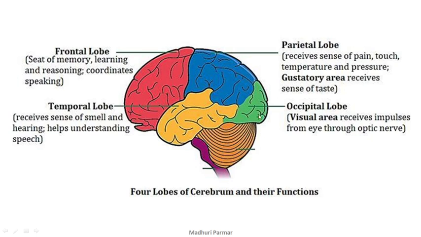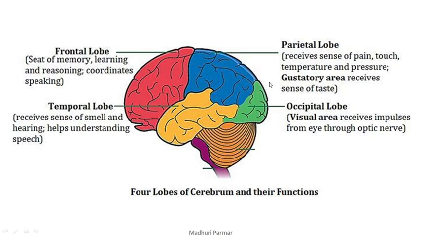But when the signal reaches your occipital lobe, your brain decides that, oh, it is a tiger. Clear? So all of those functions are done here in the occipital lobe. If somebody hits you here at the back of your head, then you start seeing stars, or you black out. That is because your occipital lobe may be injured.